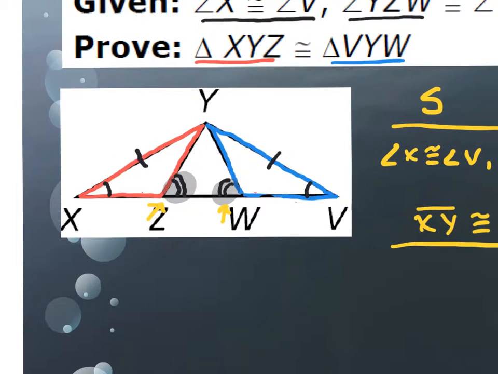We all kind of agree that we want this angle here to match that angle there. Do we agree? So maybe we could make some sort of connection here, and here, and here.